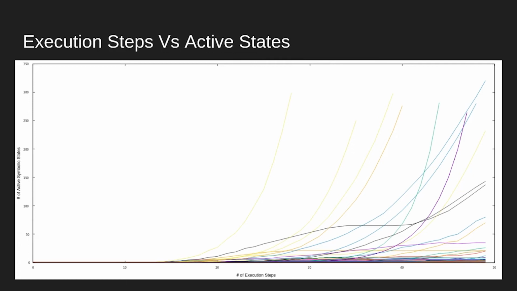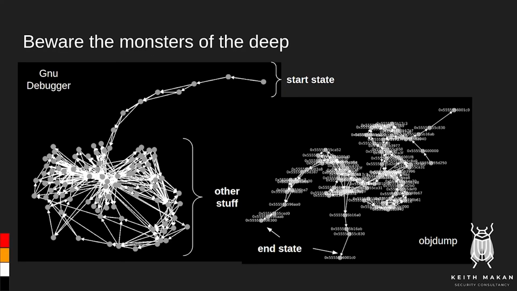So the yellow line, the first yellow line, obviously that's exploded. Like you're never going to get to 50 steps unless you maybe have a supercomputer, right? It grows pretty fast. And as I said, it's an exponential graph. It looks like a logarithmic graph. So this makes my point pretty succinctly.